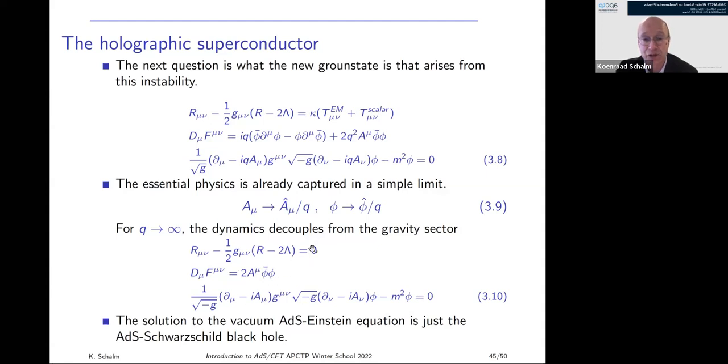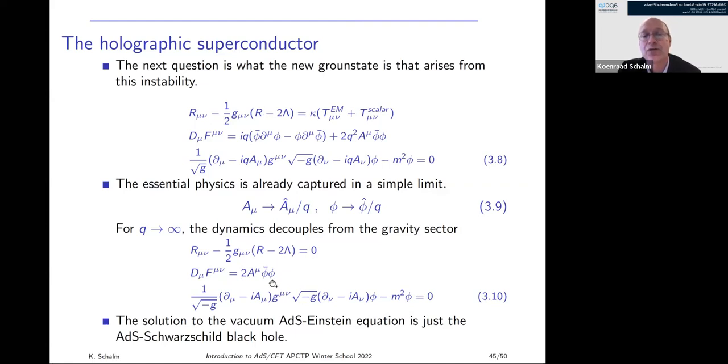But in this limit, the stress energy tensor disappears. So for the vacuum Einstein equation, I can take the AdS Schwarzschild black hole. Notice that there's now no charge. So I study the system at finite temperature, and I study the combined electrodynamics with the charged field interaction in the background of this AdS Schwarzschild black hole.